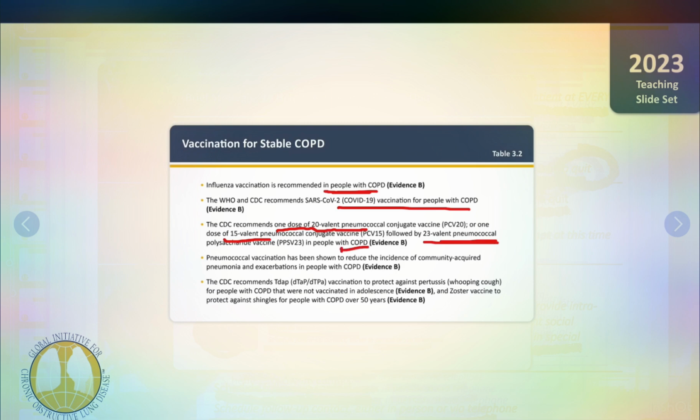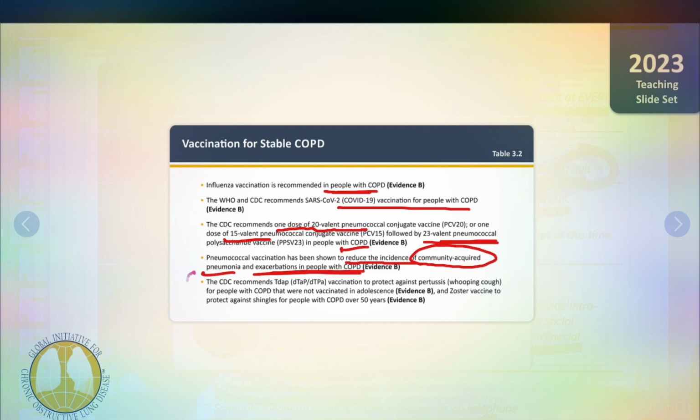Pneumococcal vaccination has been shown to reduce the incidence of community acquired pneumonia and exacerbation in patients with COPD, and it is supported by evidence B.